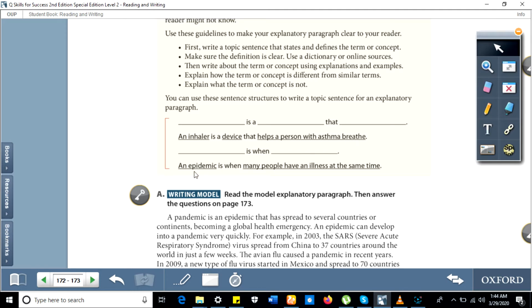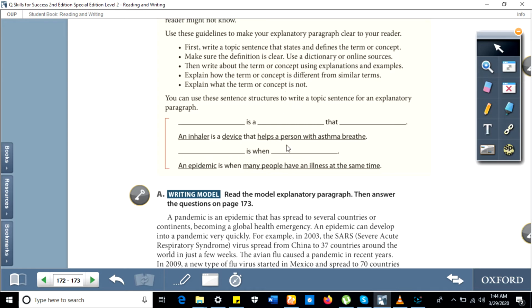Or you can write, an epidemic is when many people have an illness at the same time. So here is a term, and in the next sentence you explain it a little bit, right? So you define the term. Here is also a term, and after that you define a little bit what this inhaler is.